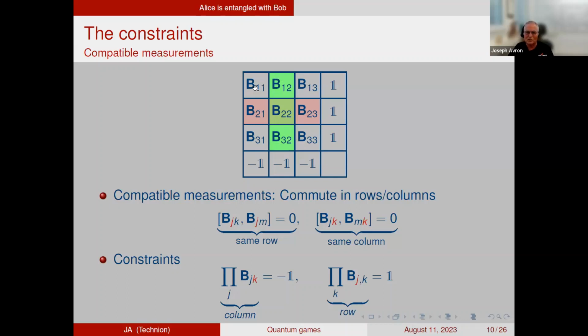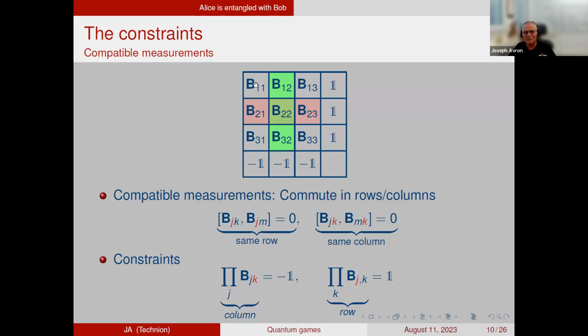So as I said, each observable is a self-adjoint operator, and the self-adjoint operator is such that it squares to 1, and the trace of any of these Bij is 0.